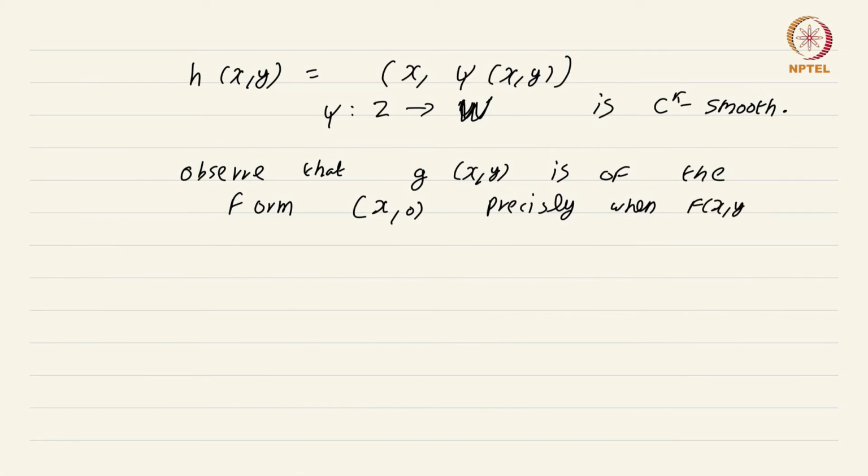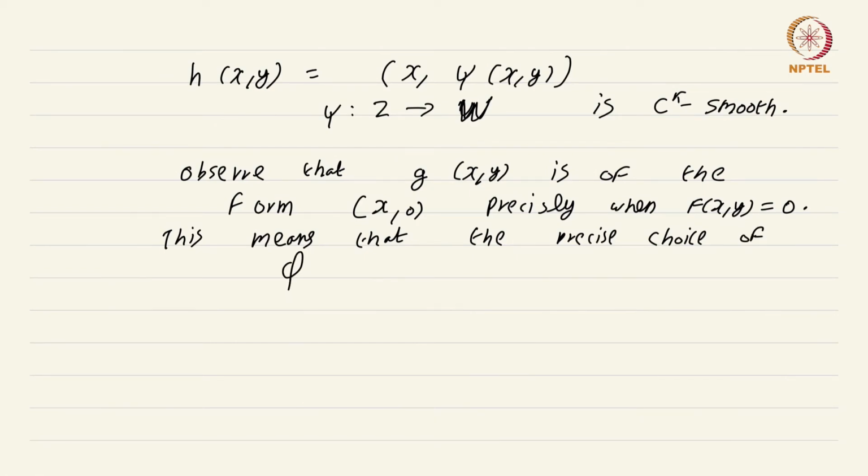I'm writing down a bunch of triviality, so don't get overwhelmed by this. This means that the precise choice of phi of x is to just define it to be psi of (x, 0).